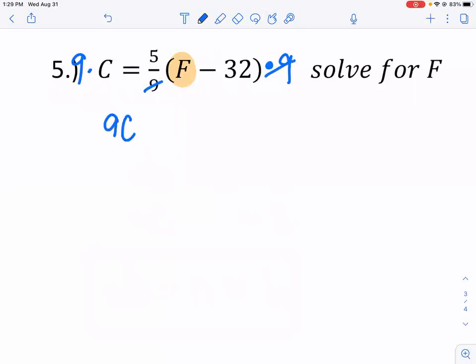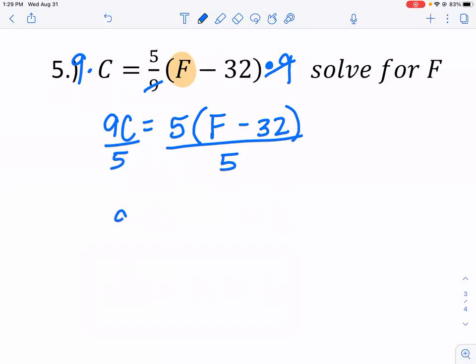So we have 9c equals 5 times f minus 32. Now, how do we move the 5? So now 9/5 c equals f minus 32.